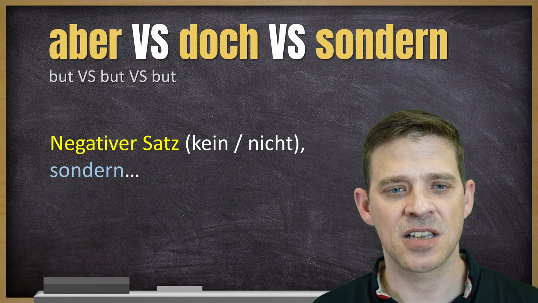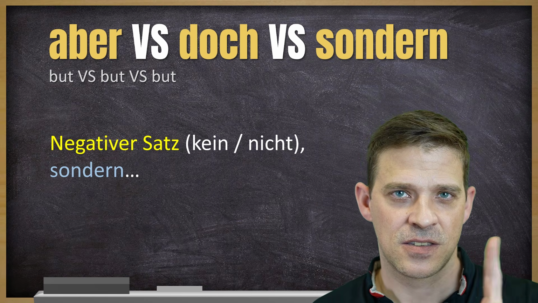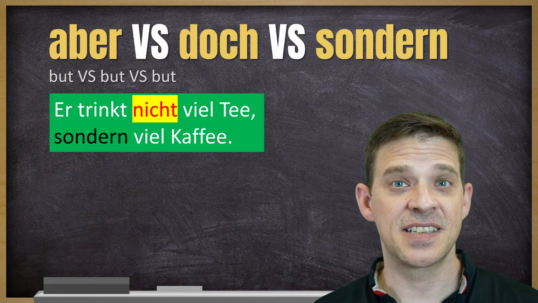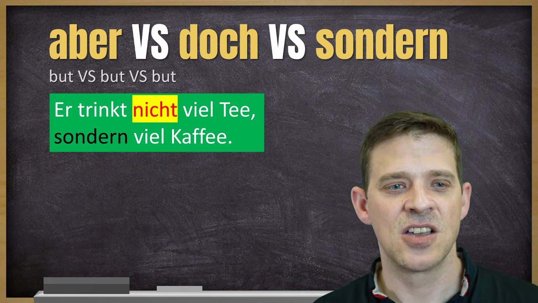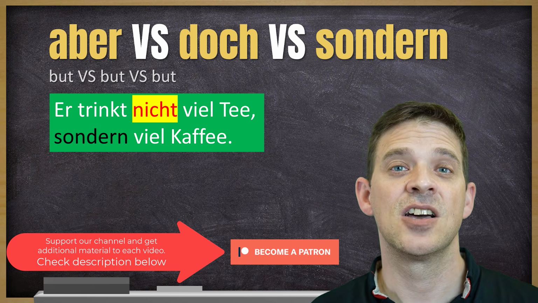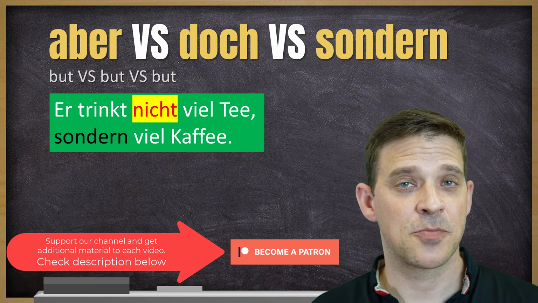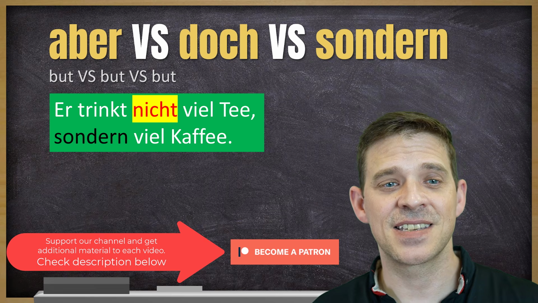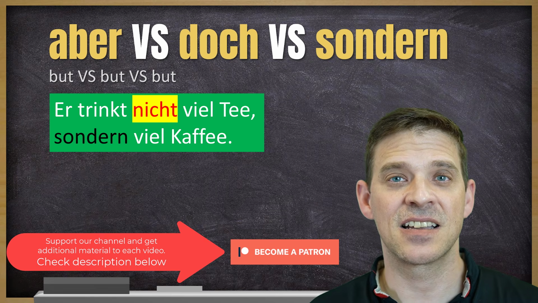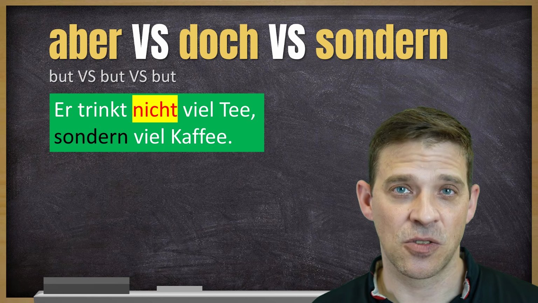Also ein negativer Satz, zum Beispiel mit kein oder nicht. Zum Beispiel, er trinkt nicht viel Tee, sondern viel Kaffee. And like this is perfect. And this first sentence, er trinkt nicht viel Tee, is negativ. Therefore, you can use sondern.